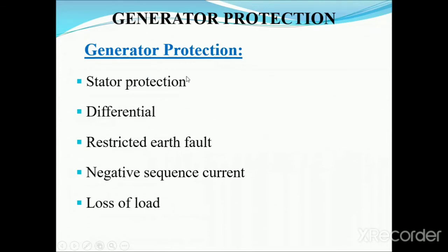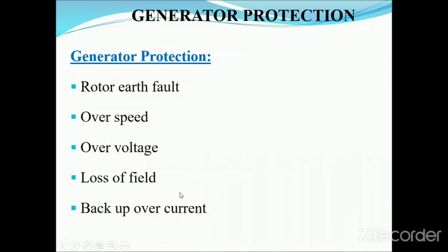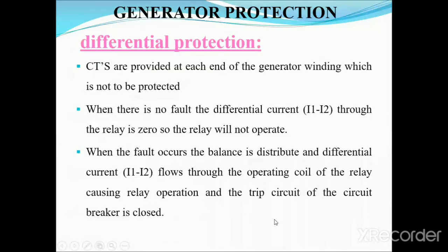Stator protection, differential protection, restricted earth fault protection, negative sequence current protection, loss of load protection, loss of excitation, over speed, over voltage, rotor earth fault, and backup over current protection.